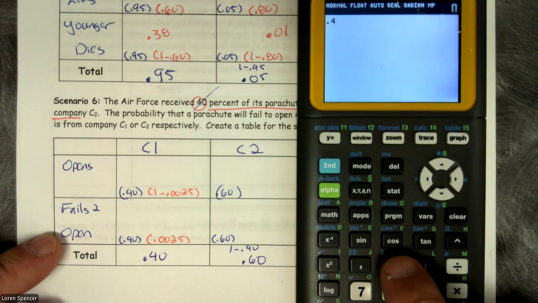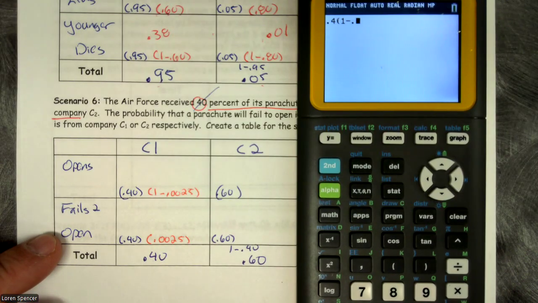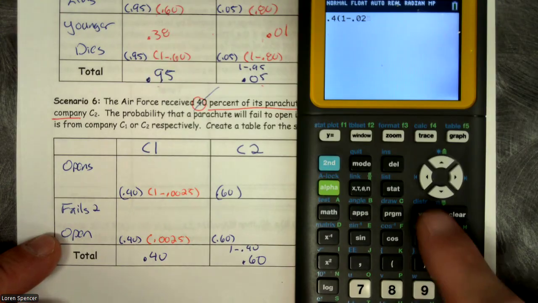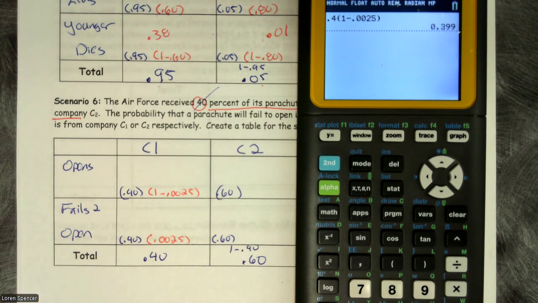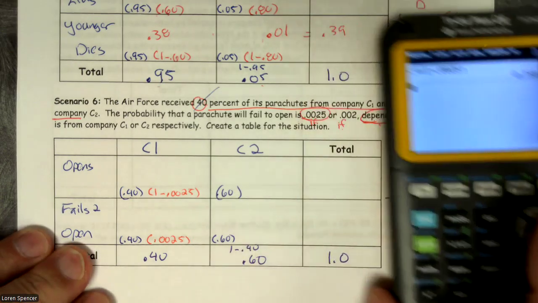So 0.4 parentheses 1 minus 0.0025 is 0.399.